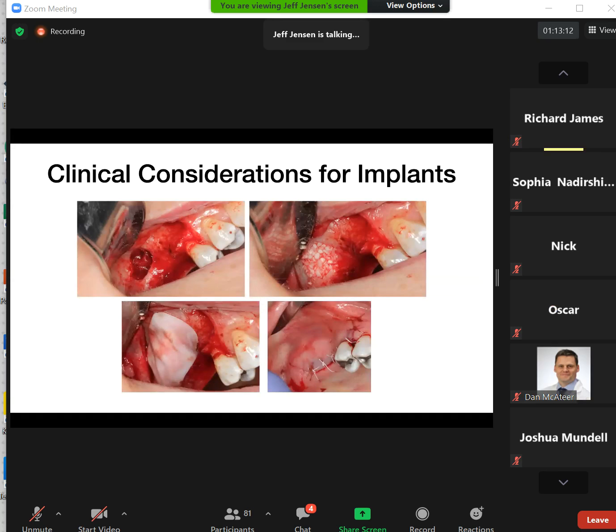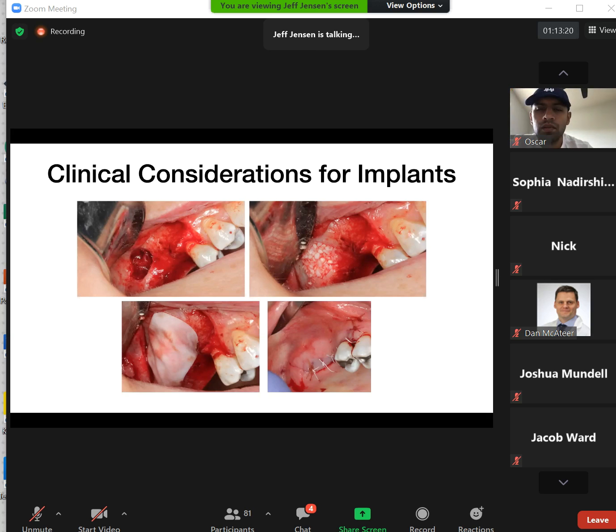And so this is just illustrating a direct lift. So we open the sinus from the lateral side, elevate the membrane, place bone graft into the sinus. Usually we'll lay a membrane over that and then suture back.